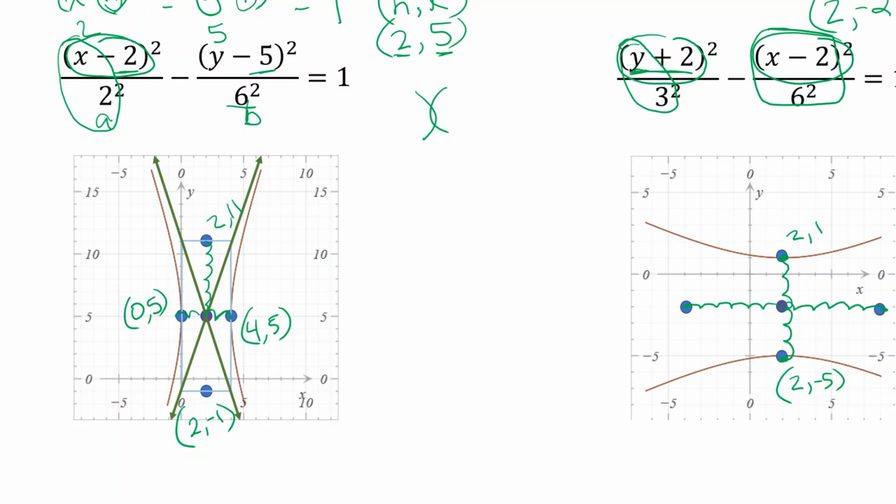So my covertex is going to be over 8, comma, -2. And on this way, it's going to be -6, -2 too. And then if I draw a box between all 4 of them, draw lines through it, I have my asymptotes on it also.